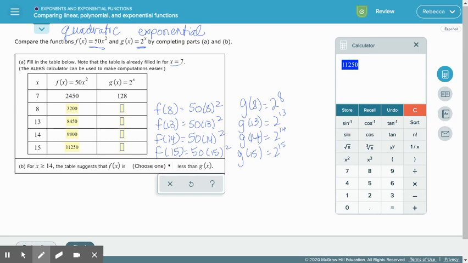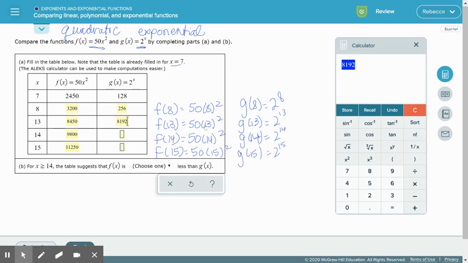So to do that in the calculator, we'll want to take 2, and then we'll use this key right here where it says x to the y, and that will give us the exponent box. So 2 to the 8th, 256. Then we want to do 2 and the exponent key again to the 13th, 8,192.